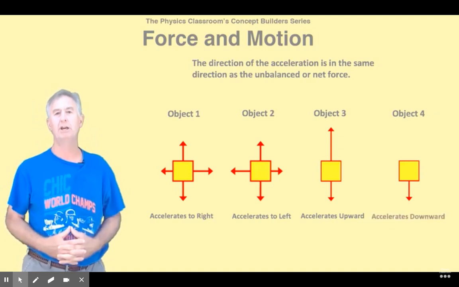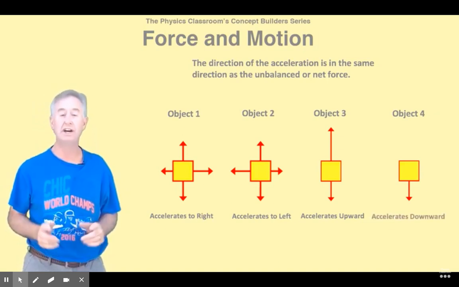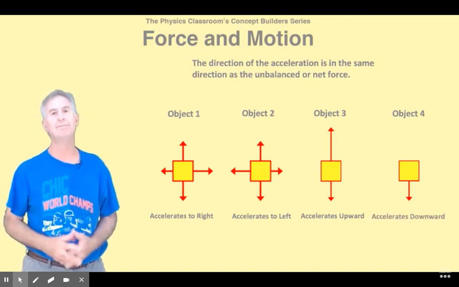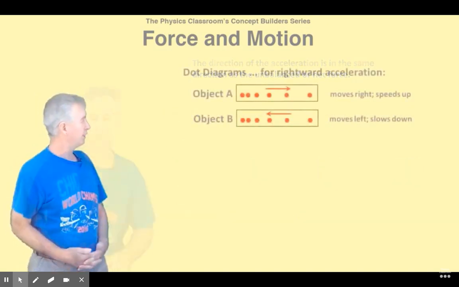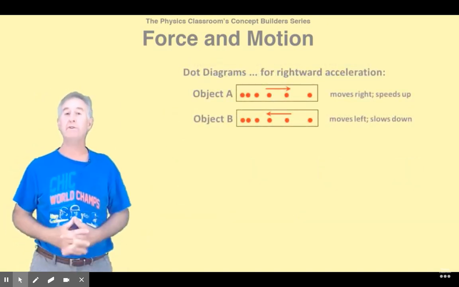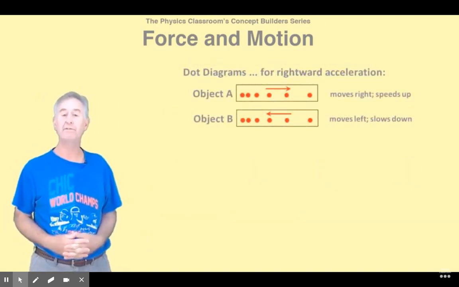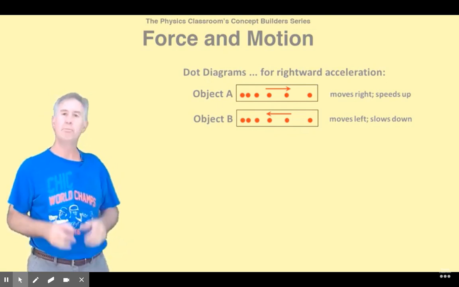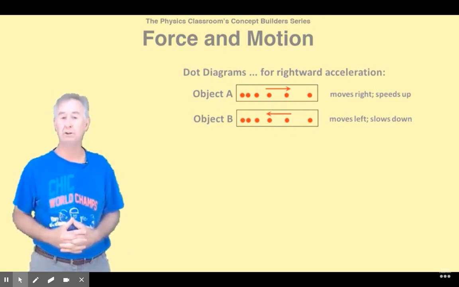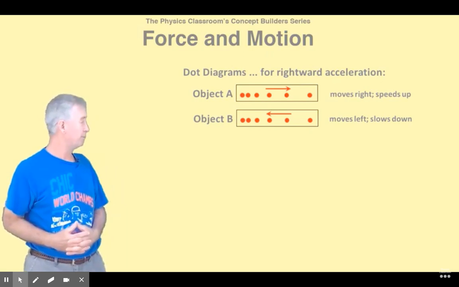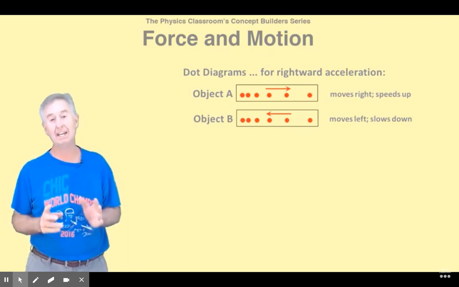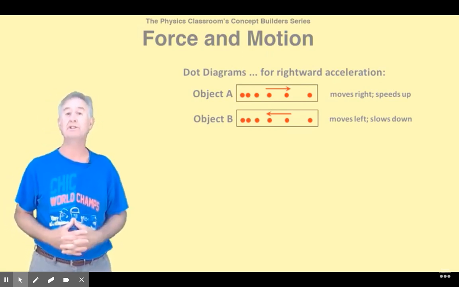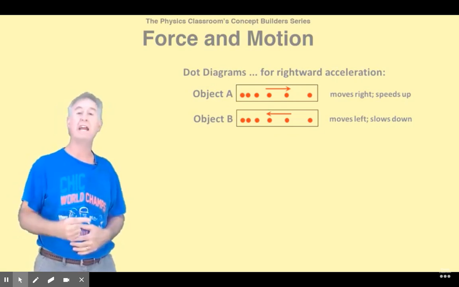But do be careful, because to accelerate to the left doesn't mean to move to the left. Let me explain. Here's two dot diagrams, one for an object moving to the right and one for an object moving to the left. But both objects are accelerating to the right. When an object is moving to the left and getting slower, we describe its acceleration as being directed to the right.